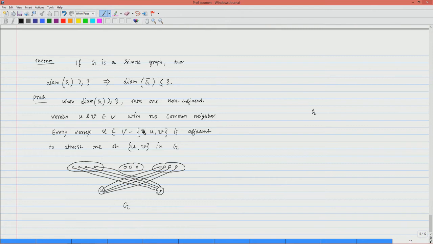Now, what will happen in G complement? This is again the vertex u and the vertex v.